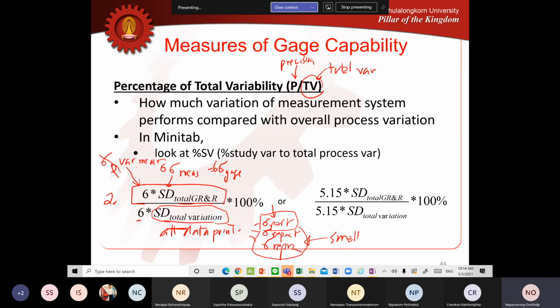You can explain what it means by P to TV ratio, how it's calculated and what it shows. You can refer to this slide.